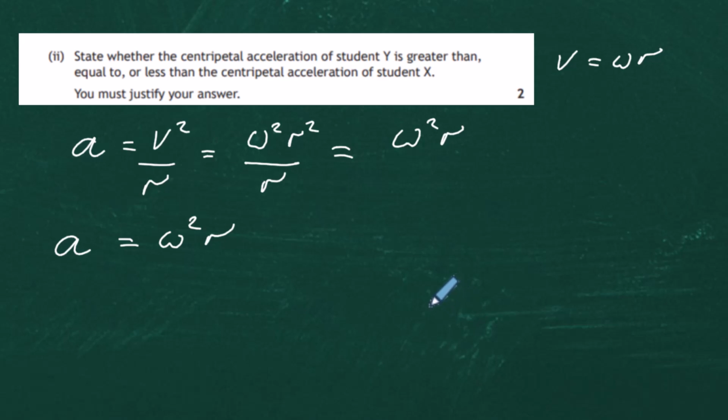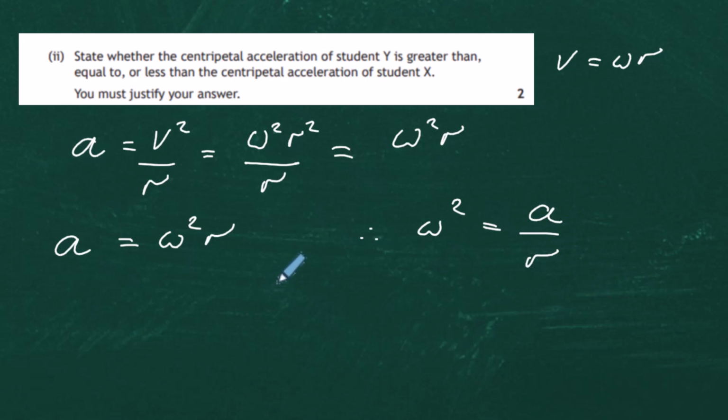We use the same argument as in the previous question, because omega squared must be a constant. The angular velocity for x and y must be the same. So, rearranging, omega squared equals the acceleration divided by r.